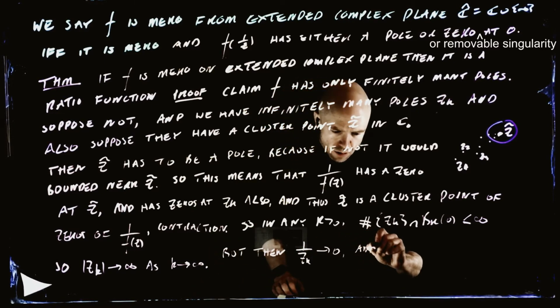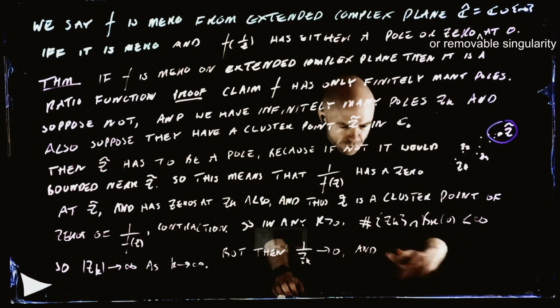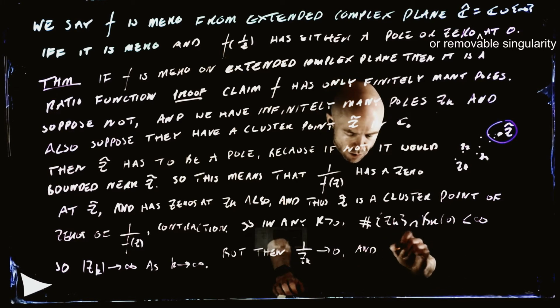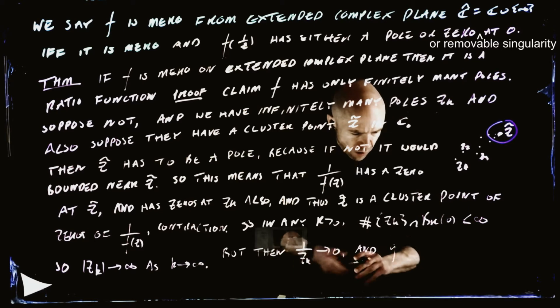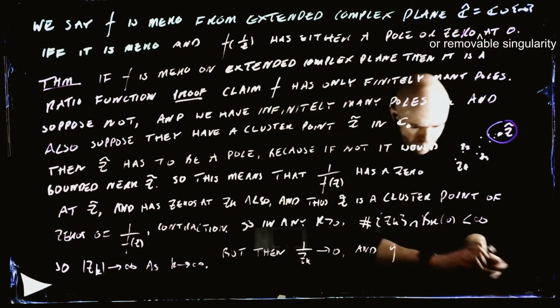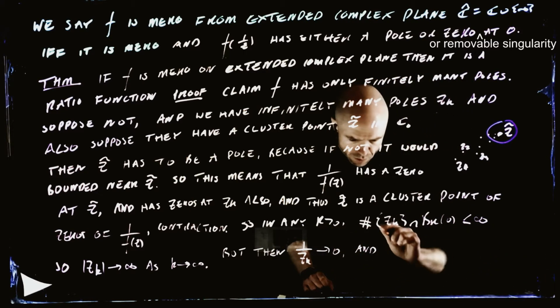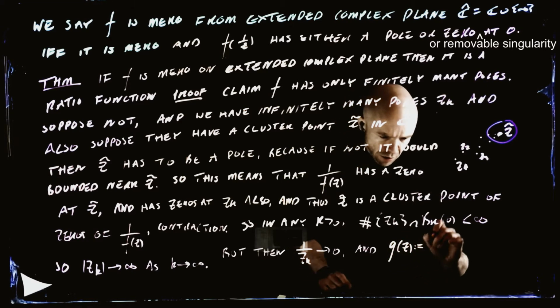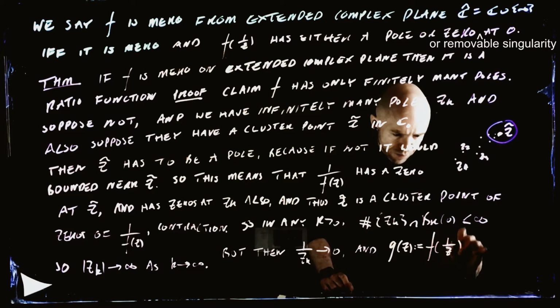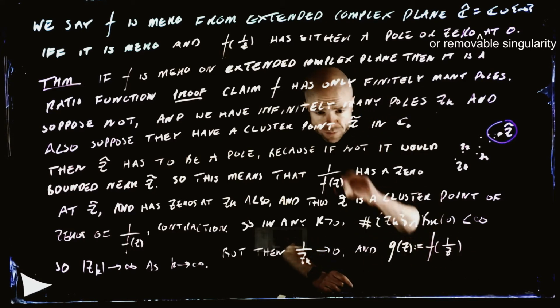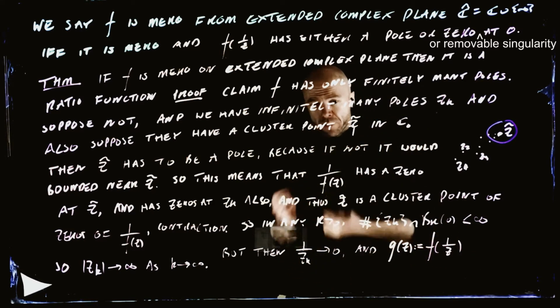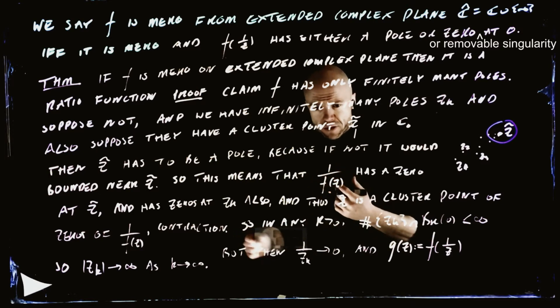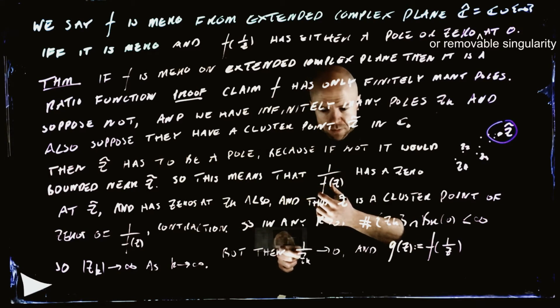And let's call it g of z, which we're going to define to be equal to f of 1 over z, is a meromorphic function, yeah, which has either a pole or a 0 at 0. Yeah.